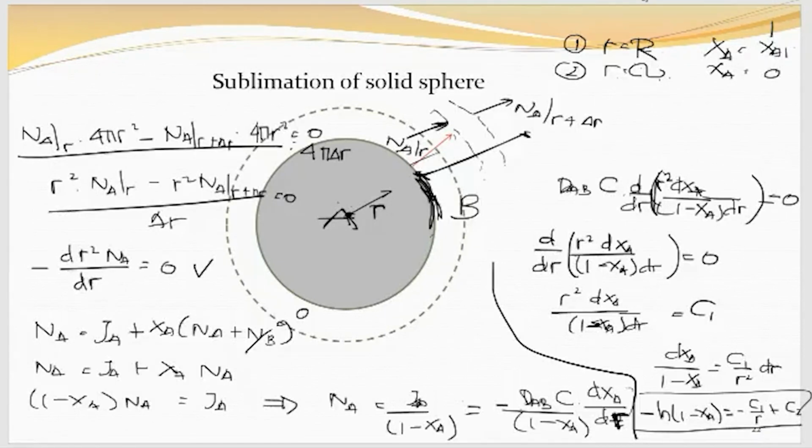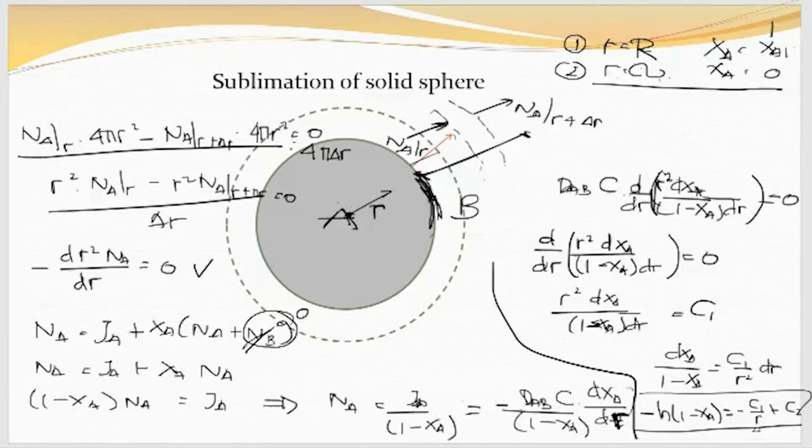May I ask? Sure. So, NB is 0 because the air is very large in volume compared to the sphere? Which one, for the second boundary condition? Actually the correlation between NA and JA. Oh, this one, yeah. Okay.